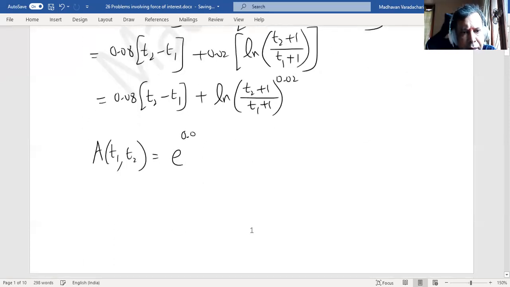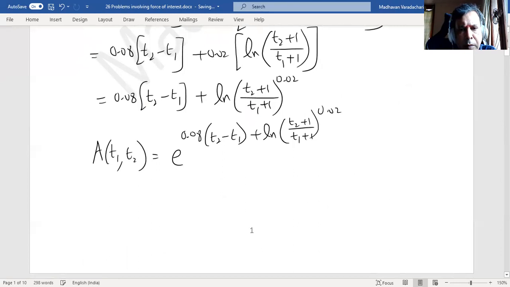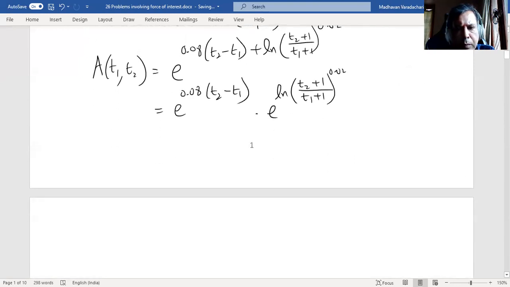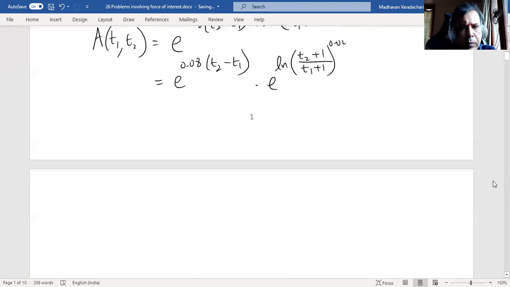We can write it as e to the power of 0.08 times t2 minus t1, plus the natural logarithm of t2 plus 1 by t1 plus 1, to the power of 0.02. Separately written, this is e to the power of 0.08 times t2 minus t1, times e to the power of the natural logarithm of that term.